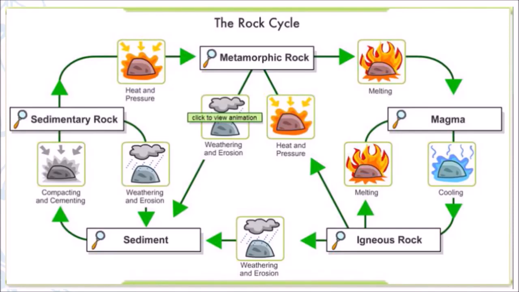Igneous rocks are the primary or parent rocks. It is the rock which is formed first on the earth. So that's why it does not contain any fossils. When these igneous rocks are weathered, which means broken down, eroded or transported and deposited at some places, they form sedimentary rocks.